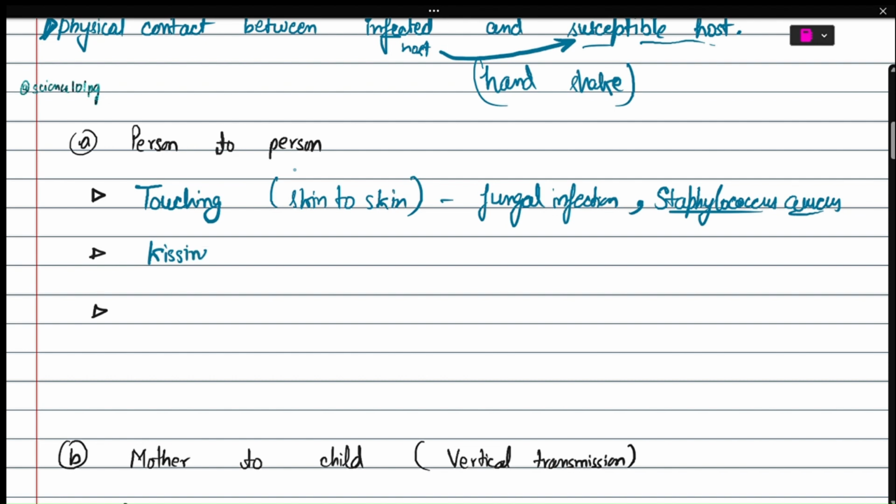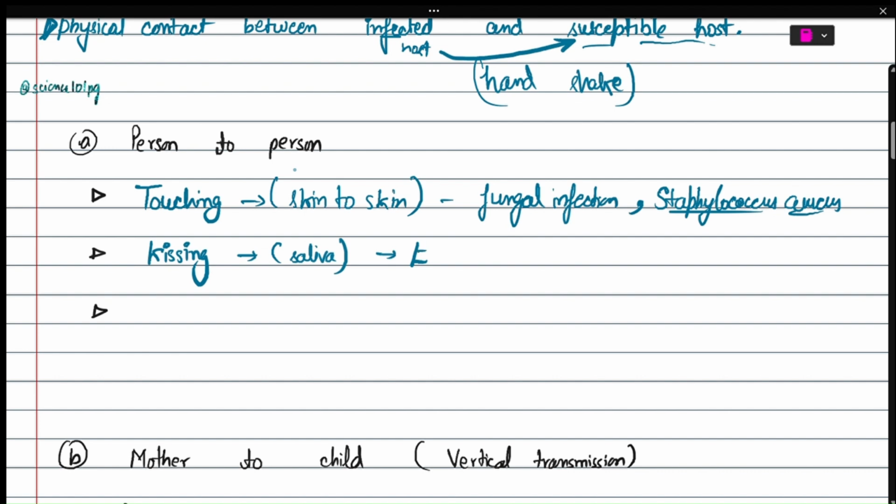Kissing is again a mode of direct contact transmission, because the transmission of the pathogen in this case is direct once again. I am going to write saliva here in brackets, because sometimes while kissing the saliva of two persons can get mixed with each other and they can transmit pathogens via that.